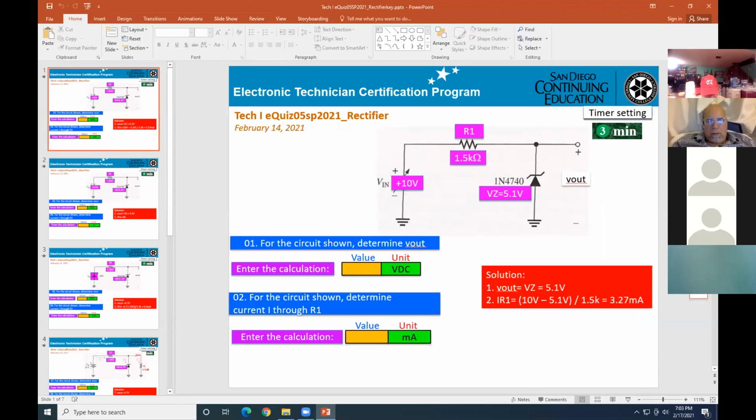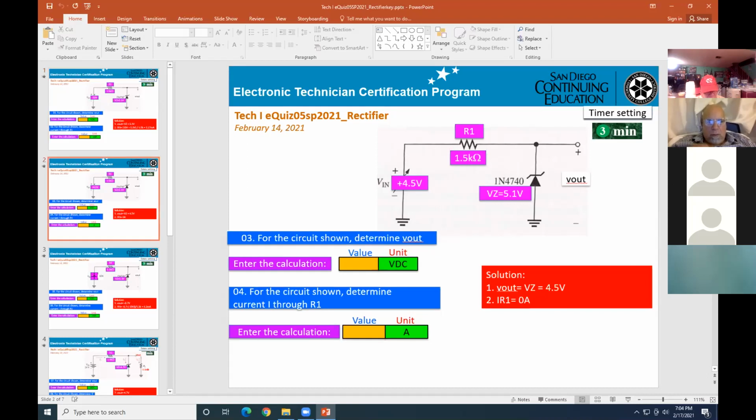Okay, number 3, Vout equals 4.5 volt and the current IR1.